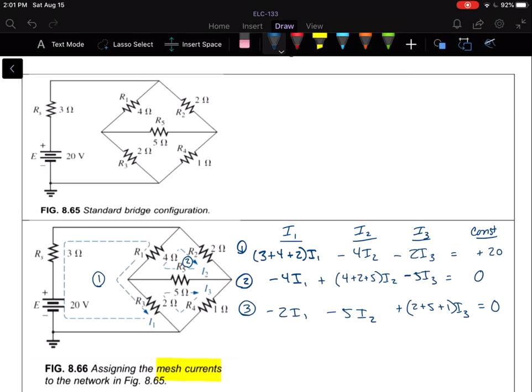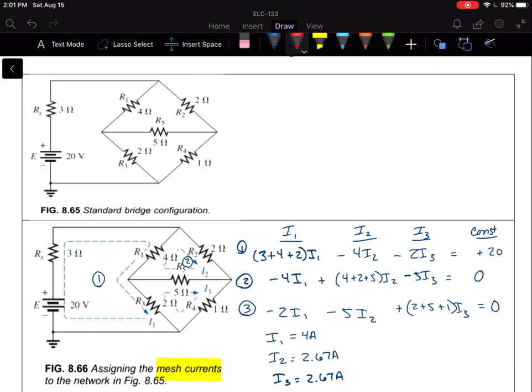So now you can plug this straight into your calculator, and you get that I1 is equal to 4 amps. I2, the mesh current I2, is 2.67, and I3 is 2.67. Okay, so if I draw this in, where is I1?